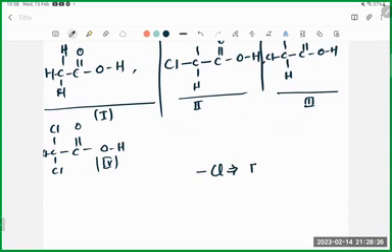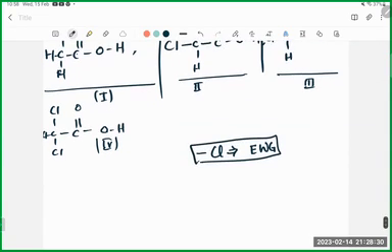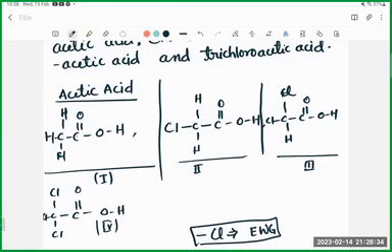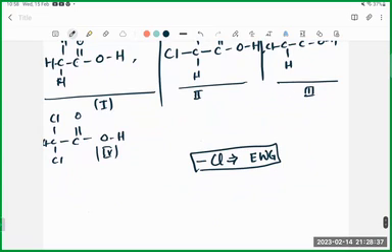So what is the Cl nature, Hridaya? Cl is an electron withdrawing group. The more the electron withdrawing group, the higher the acidic nature. Correct? So among all these, which has more Cl? The fourth one? Correct, right? The concept goes like that.